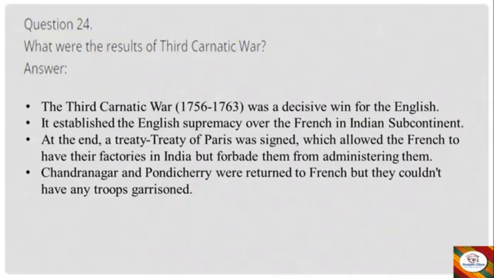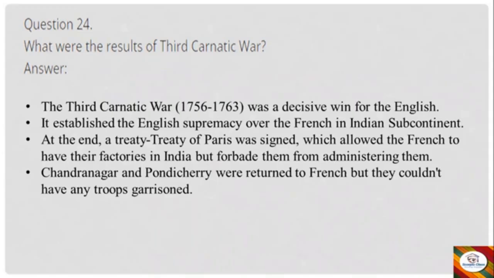Next, question 24. What were the results of the Third Carnatic War? Answer: the Third Carnatic War, which was fought between 1756 to 1763, was a decisive win for the English. It established English supremacy over the French in the Indian subcontinent.